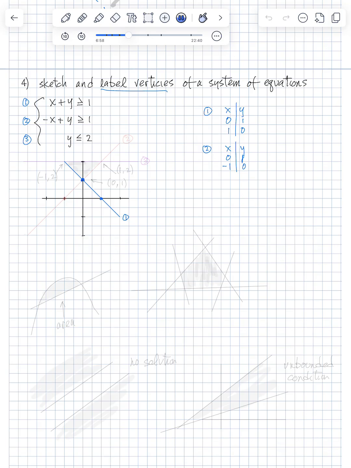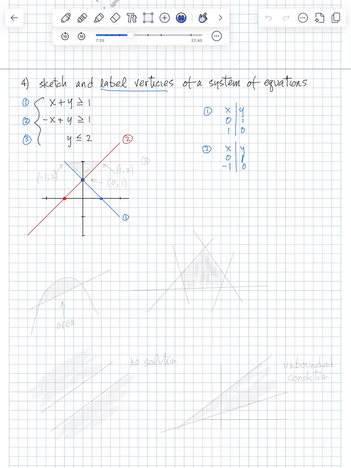So negative 1, 0, and I'll do this in red. Negative 1, 0 is right here, and 0, 1 is right here. So again, we're going to draw a straight line through those. And we're going to call this equation 2.